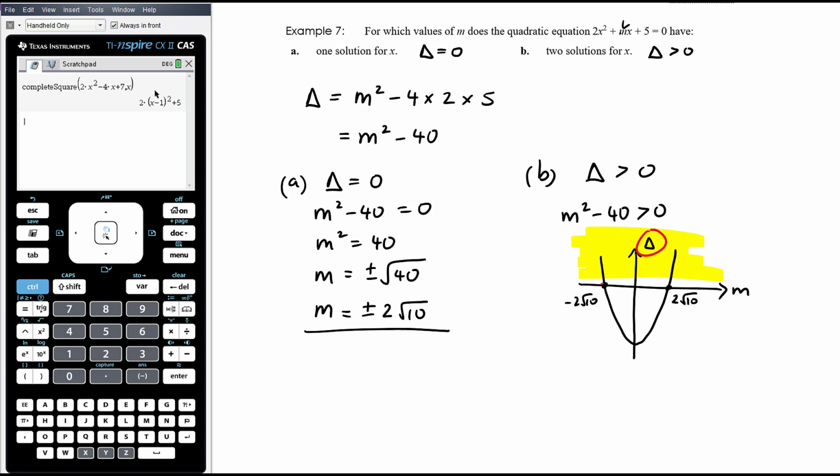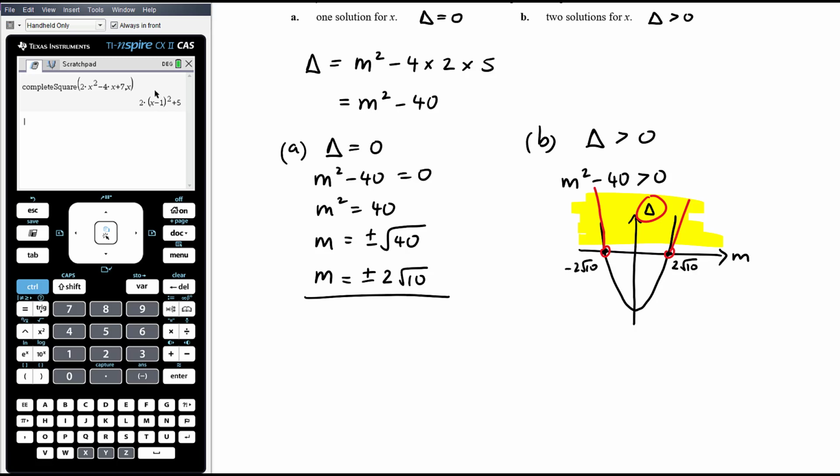And so that will be not at negative 2 root 10, but any value less than negative 2 root 10 will give a positive discriminant, and any value bigger than 2 root 10 will give a positive discriminant. Sorry, not x values, m values. So m can be less than negative 2 root 10, or m can be bigger than 2 root 10.